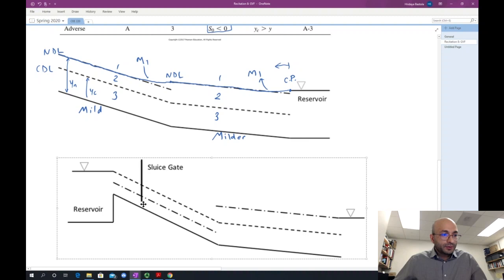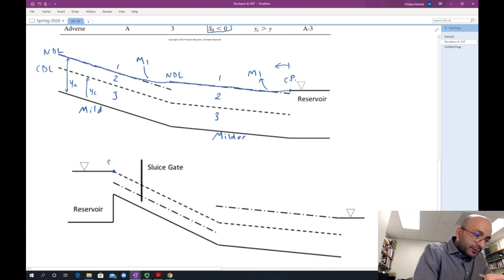Within the steep portion of the channel there's a sluice gate. The sluice gate goes through the normal depth line, so at this point we know it affects the water flow, so it is going to be a control point. So let's identify all the control points here. The point at the inlet is our first control point.